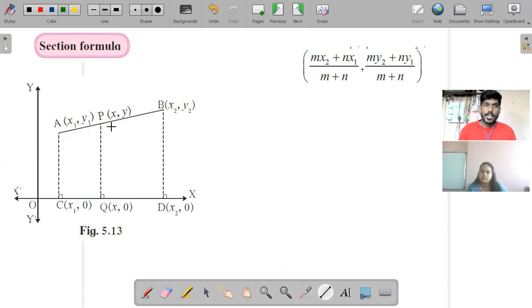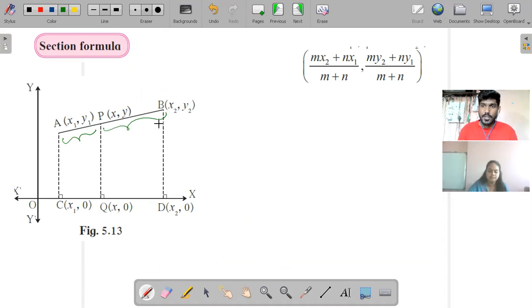Now, if you have a point P, if you see this is point P. Point P divides your line segment AB into 2 different parts. This will be the first part, this will be the second part.